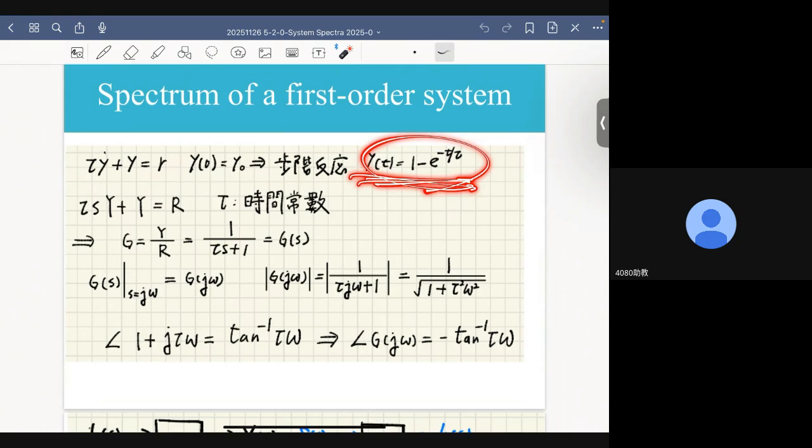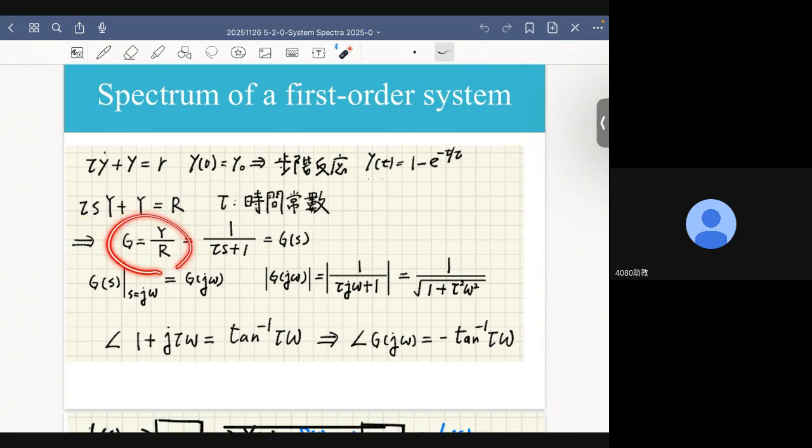If you don't understand where it comes from, I strongly suggest you go back to our previous teaching materials, or previous videos. Now let's take the Laplace transform of this differential equation, and this is what we will get. The capital Y is simply the Laplace transform of y, and capital R is simply the Laplace transform of r. So by taking the Laplace transform of the differential equation, again, we have an algebraic equation.